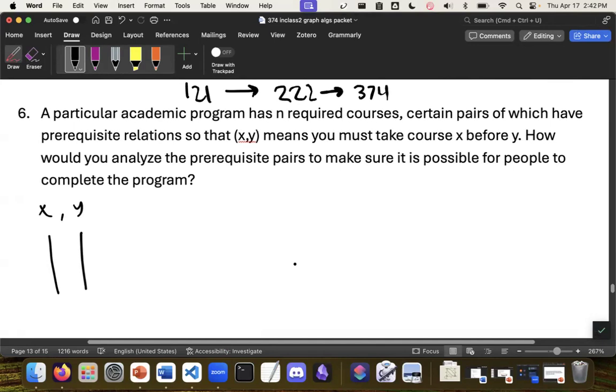Any clarifying questions before we break out? Yeah. I think that's a good question. I think what I would interpret is that there is a pathway.